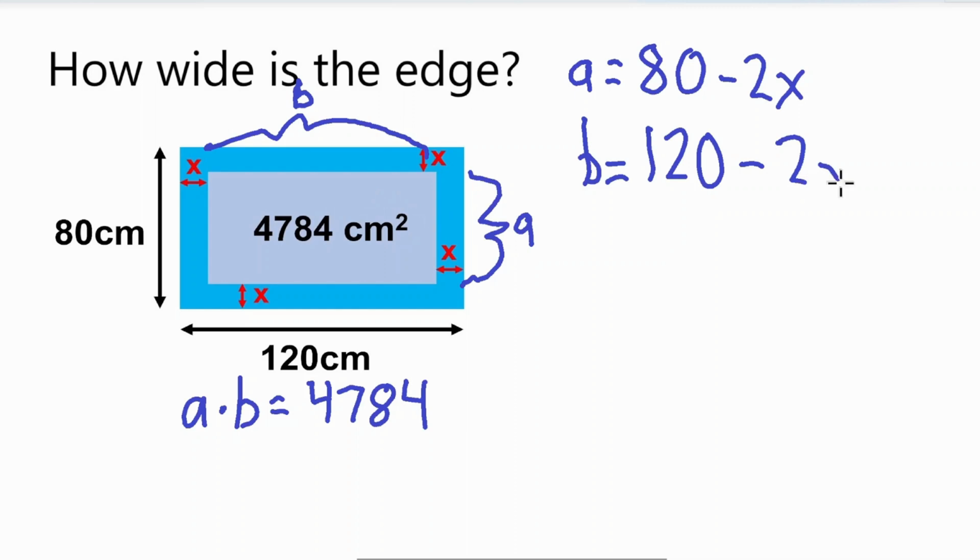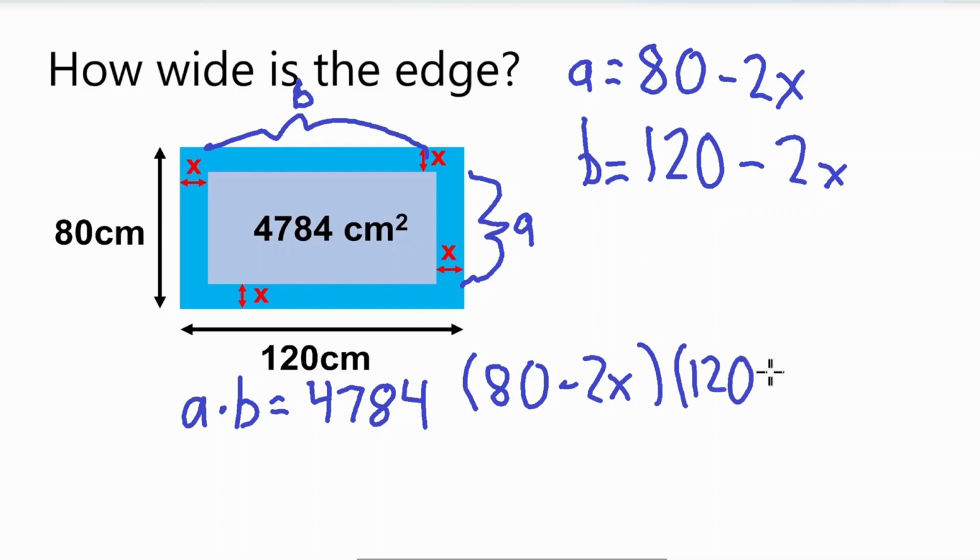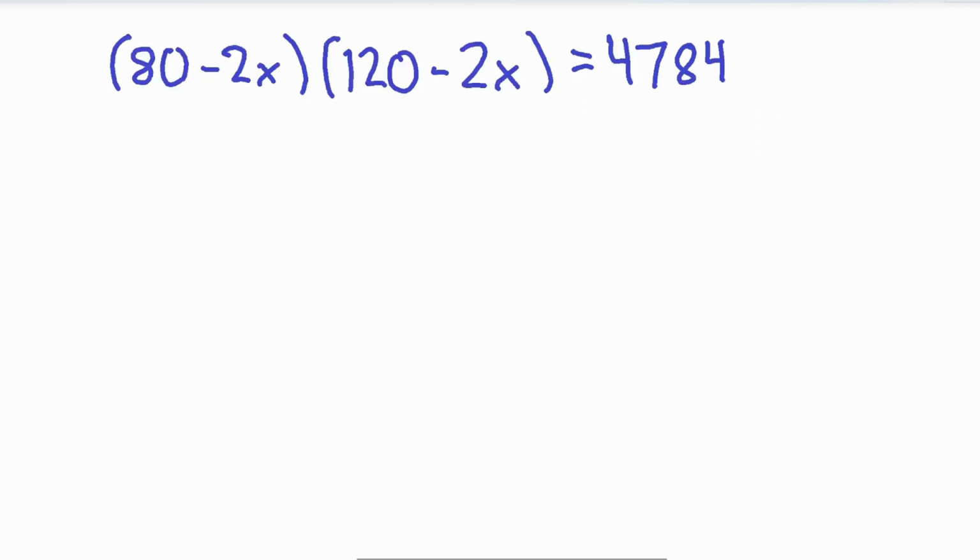Okay, so that gives us our new A and B rewritten in terms of x, which means that we can write our new equation for the area as 80 minus 2x times 120 minus 2x is equal to 4,784. We have this new equation here, so now let's solve for x.